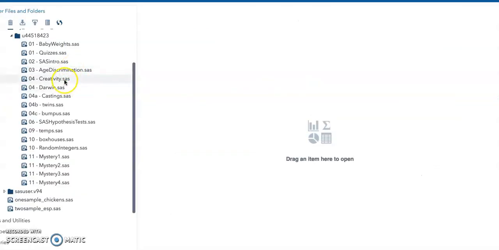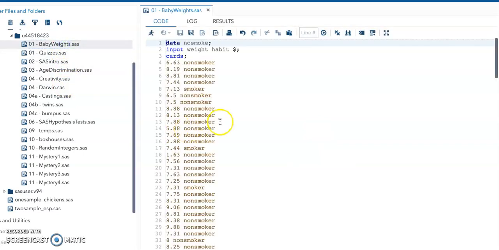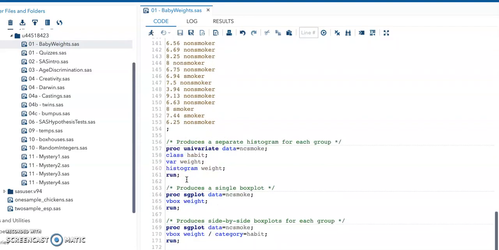Let me find one of our data sets that we've used in the past. I'm going to go back a little ways. Let's see, maybe the baby weights data. We had two groups, the non-smokers and the smokers, and we were looking at the weights of their babies when they were born. You can see that I've already got some code down here where I generated a histogram of the baby weights.